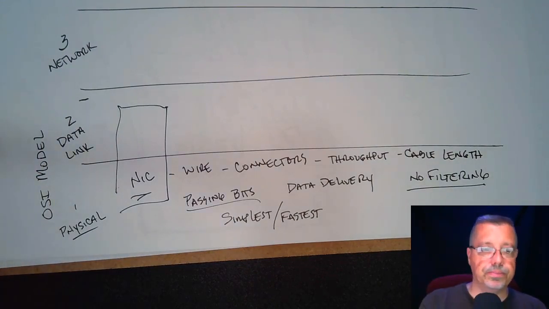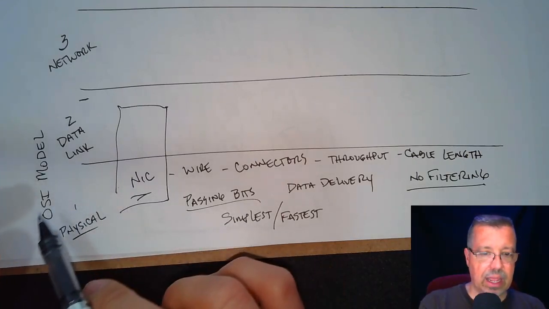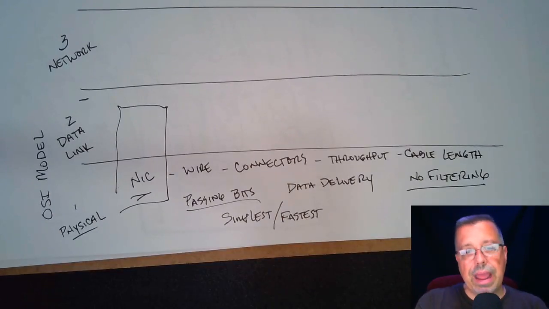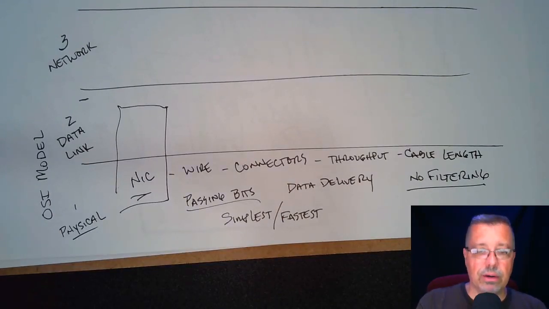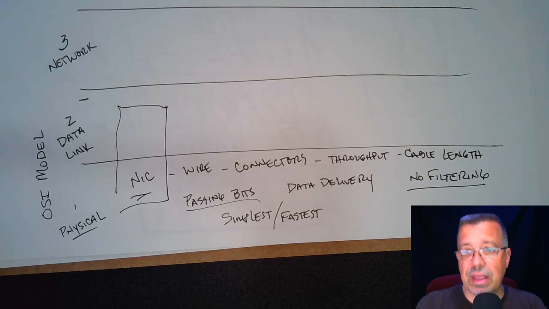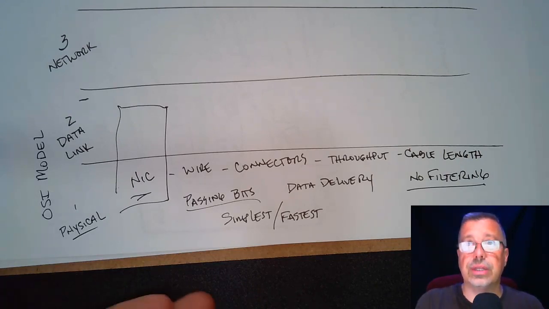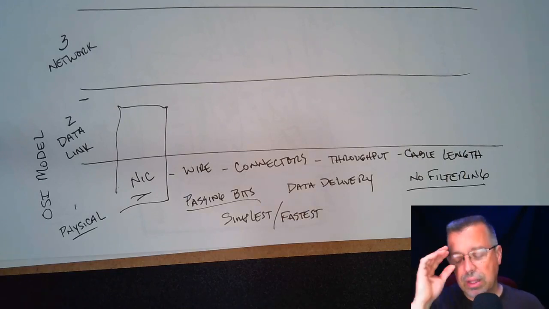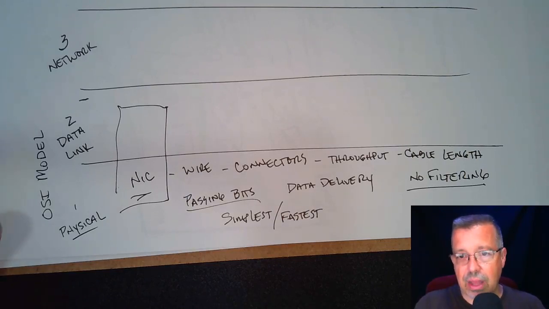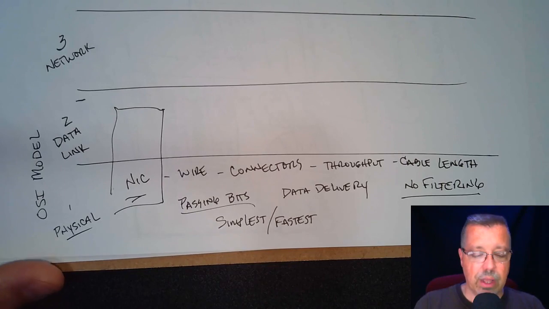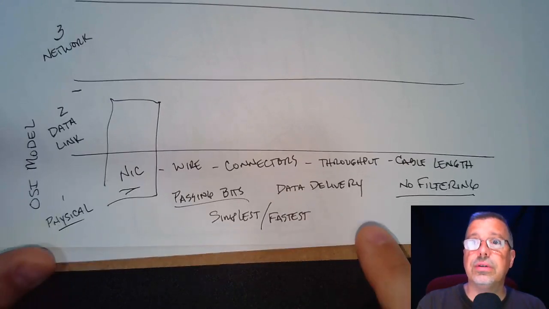So it's garbage in, garbage out. Let's say there's a packet that has a malformed header, or no header at all. If it doesn't have a header, it can't be delivered, because we would need layer 3 information to give us the address. So it's undeliverable, but this layer will still pass it on.